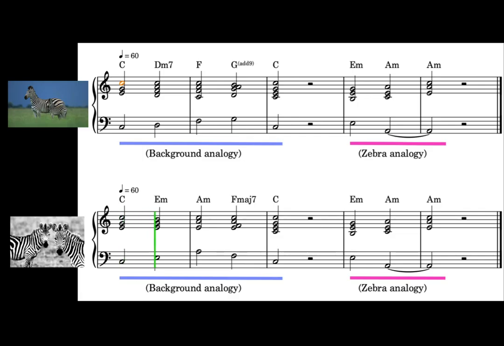Let's try the second fragment, which was the analogy to the black and white picture. As you can hear, the second phrase doesn't really sound distinct from the first phrase, and that is because the harmonic content used in the second phrase was already used in the first phrase, which are the E minor and the A minor chord.